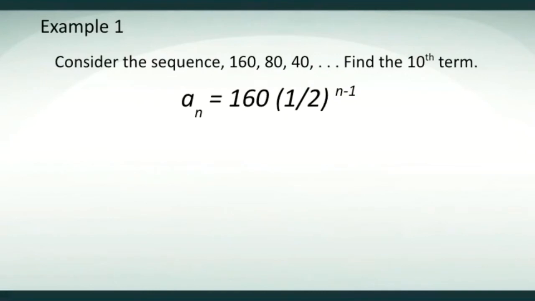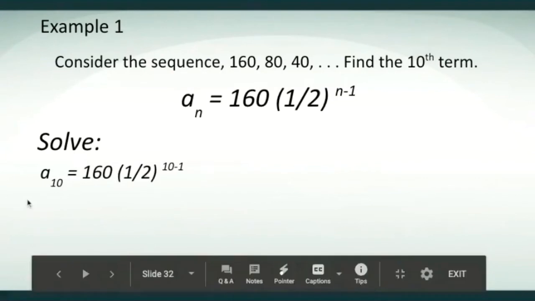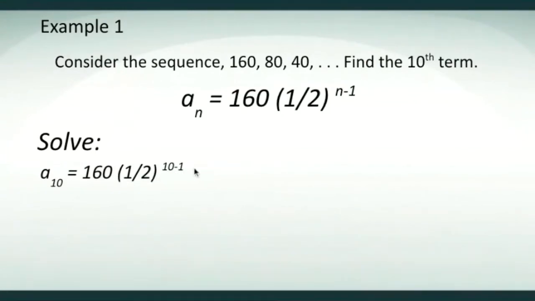What is our n now? 10. So a sub 10 is equal to 160 times 1/2 to the power of 10 minus 1. So 10 minus 1 will be 9. What are we going to solve first?